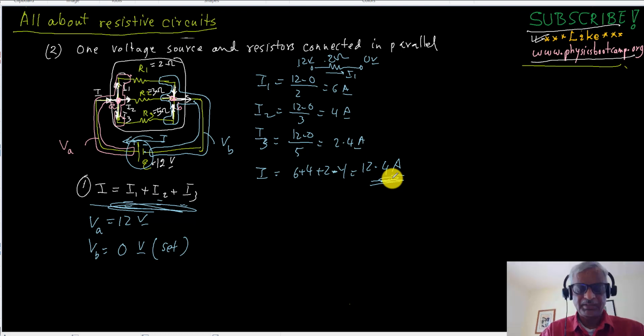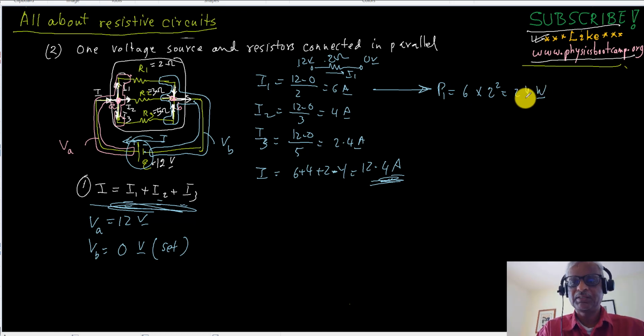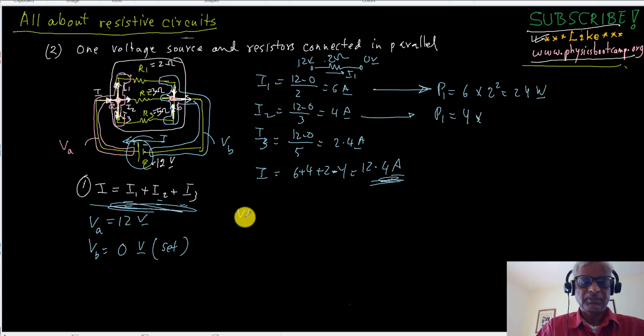You can similarly answer the question about power. So how much power this one is taking is 6 times 2 squared is 24 watts, and this one is taking 4 times... this is not correct.